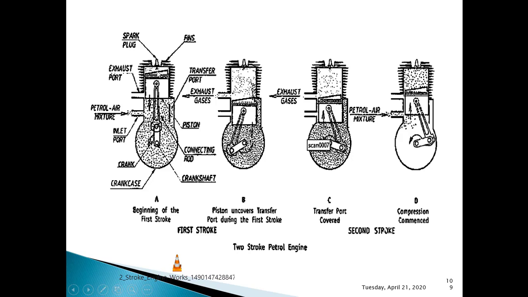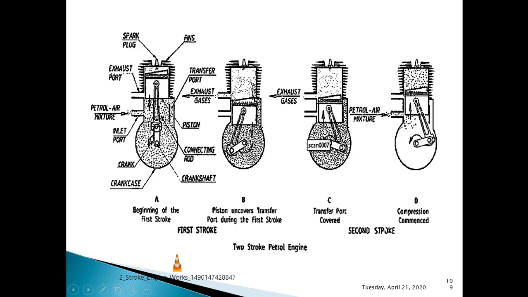That means part of the exhaust gases will move out through this exhaust port, and its further downward movement will make the piston uncover this transfer port. You can see here that it is specifically shown in the second diagram. Piston uncovers transfer port during the first stroke.